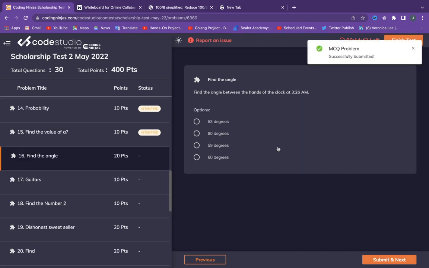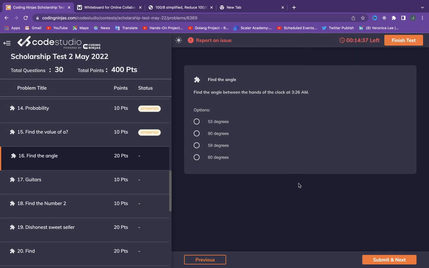Angle between the hands of clock at 3:26 a.m. So one here, two here, three here, three here, right? And then we have 26. So this is 3, 4, 5, 6. Somewhere between 4 and 5.